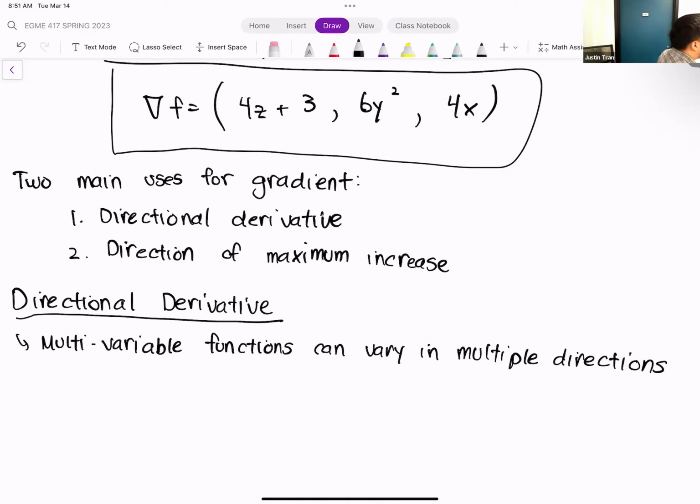And so this is reflected in all of our partial derivatives, right? So partial f, partial x will be the variation of your function f in the x direction. Partial f, partial y will be the variation in the y direction. And partial f, partial z, if you have a three-dimensional field, is the variation in the z direction.